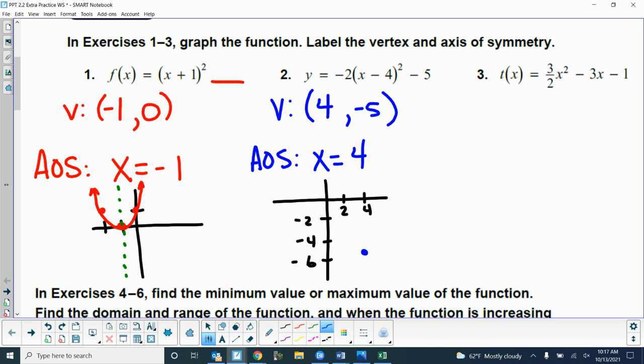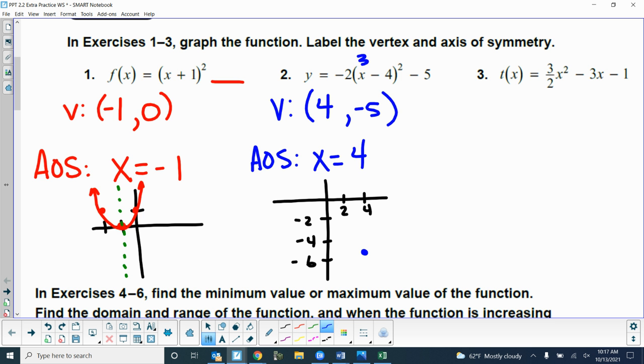Does this open up or down? It goes down, right? So I need more room to go down. I'm going to go towards the y-axis and use 3. What's 3 minus 4? -1. What's -1 squared? +1 times a -2, then -2 minus 5 is -7.